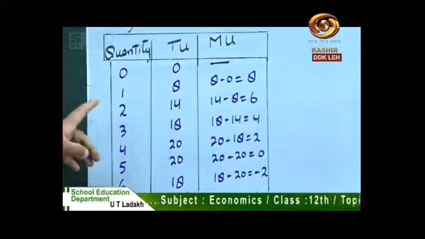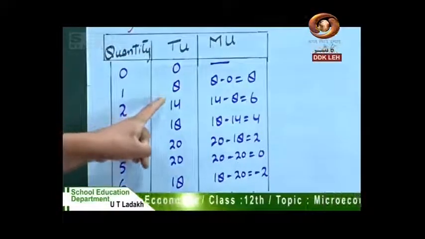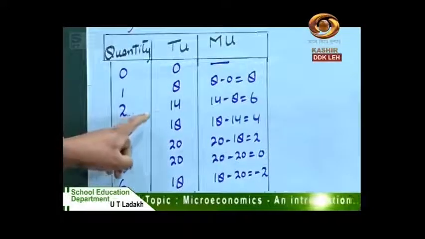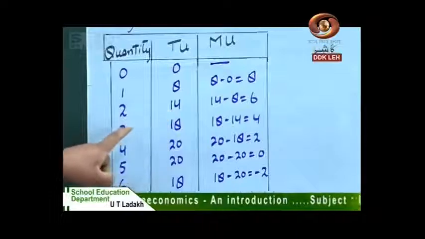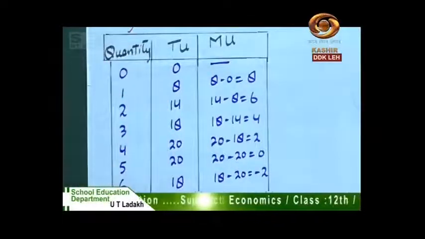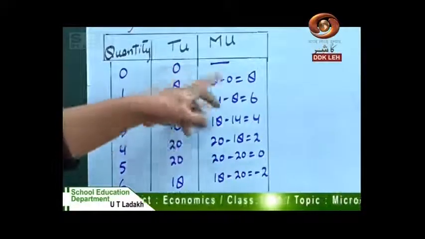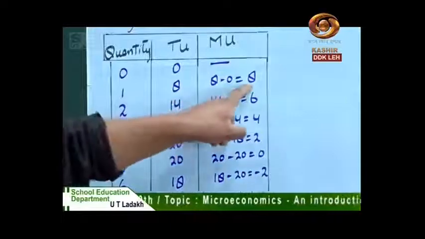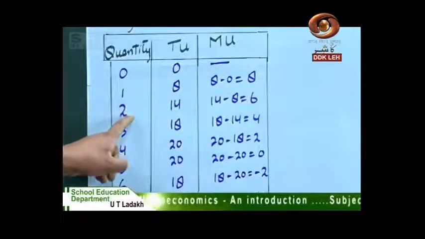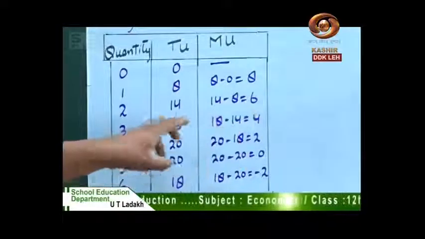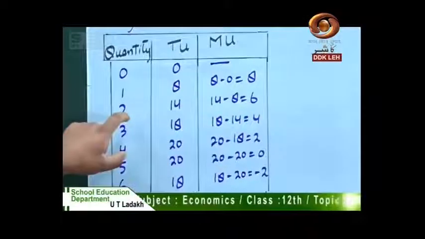From the first unit you get utility equal to 8, and when you consume the second unit the total utility becomes 14. When you consume the third one the total utility is 18, and so forth. It goes on increasing. The third column is the marginal utility. The marginal utility of the first unit is 8, and the marginal utility of the second unit is 14 minus 8, which is equal to 6. It is the utility of the second unit only.